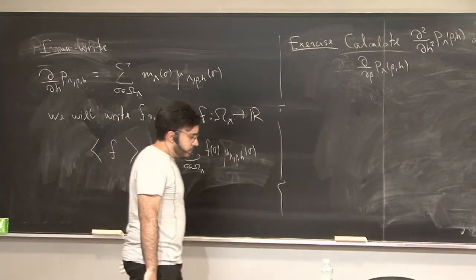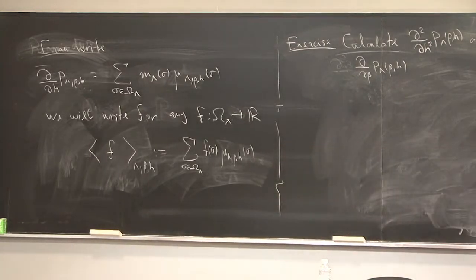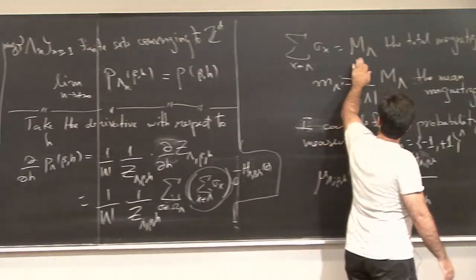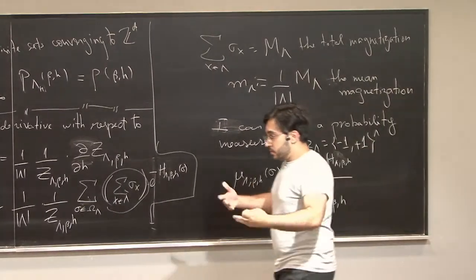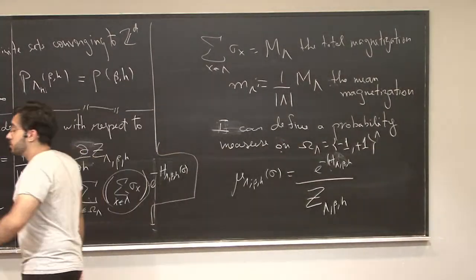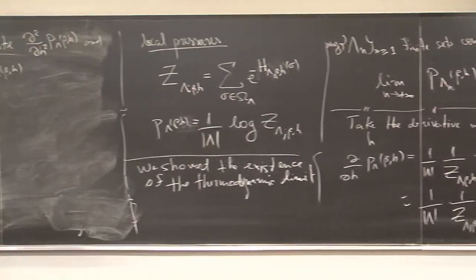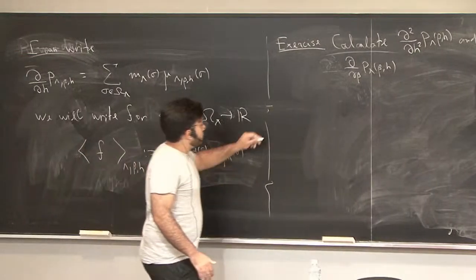The second derivative will be something that they call the variance of this variable, this quantity right here. And actually, if you continue to take the derivatives, you have also some nice probabilistic interpretation to each one of the derivatives of the local pressure.